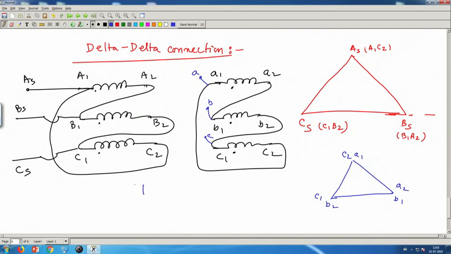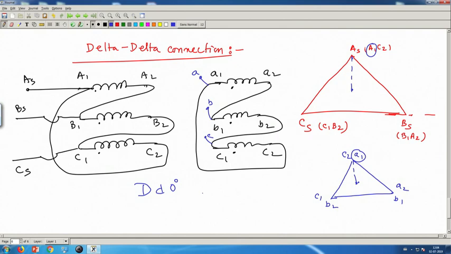So, primary is delta, secondary is also delta, small letters, and what is the phase angle difference? 0 degree, because here also no neutral exists, but anyway with respect to the artificial reference, this is a vertical line, here also this A phase is parallel. So, it is 12 o'clock, so DD 12 or 0 degree, whatever you call it.